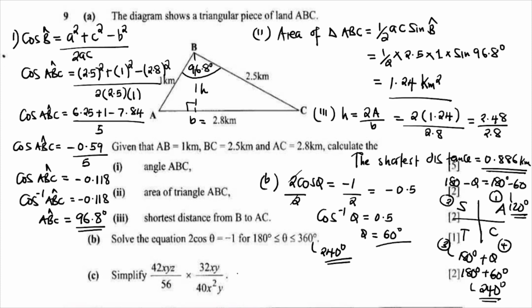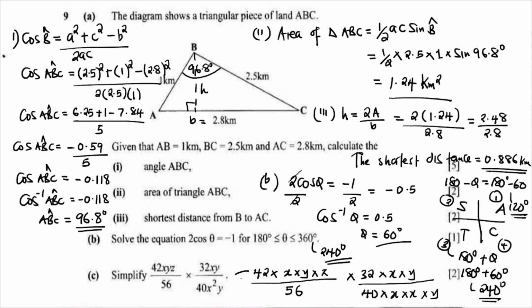The simplest way would have been to express this into product of factors, where you are going to say 42 multiplied by x multiplied by y, then multiplied by z, over 56 there, multiplied by 32, multiplied by x, then multiplied by y, then over 40 multiplied by x, multiplied by x, and multiplied by y.